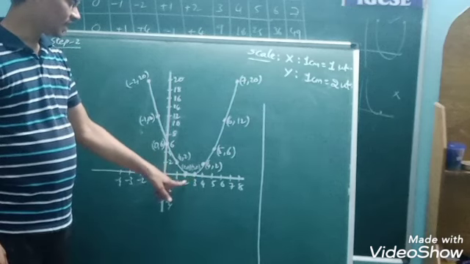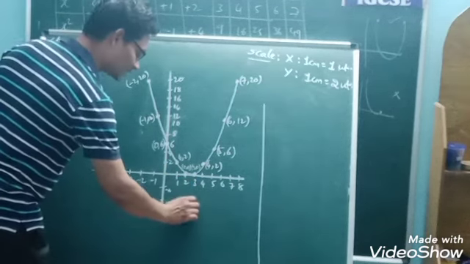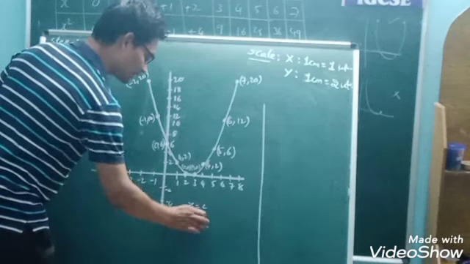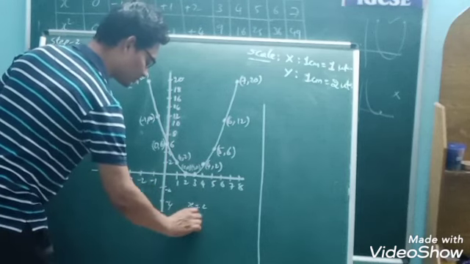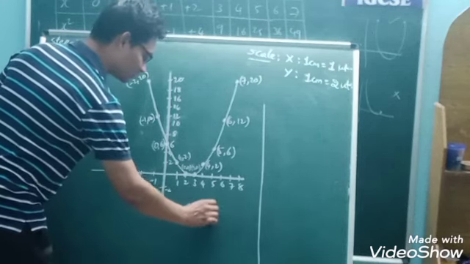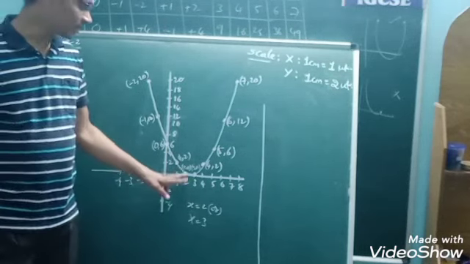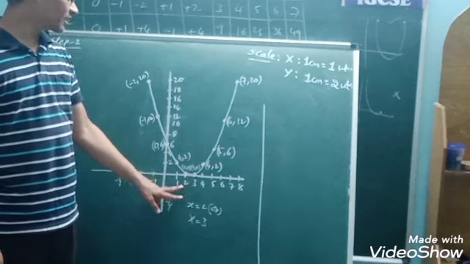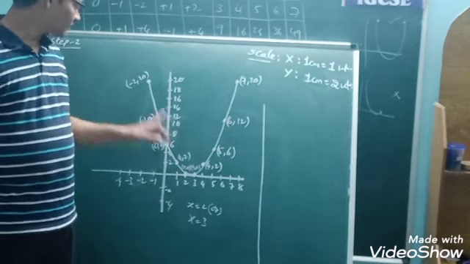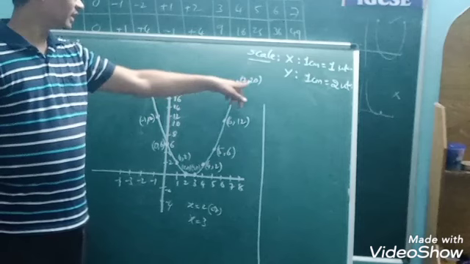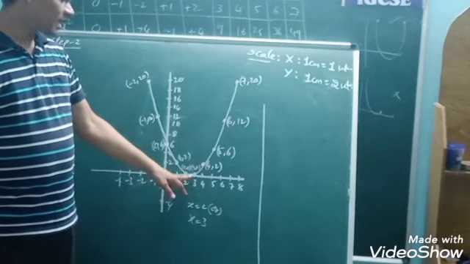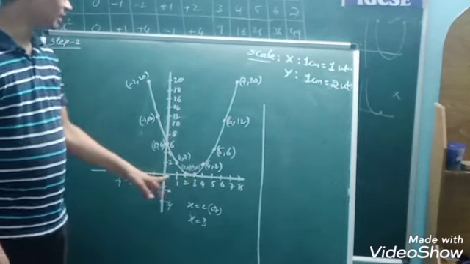So those are considered as the solutions: x is equal to 2 or x is equal to 3. So there are two solutions. We call them roots or solutions. The extreme points are minus 2, 20 and 7, 20, and we may have to find the vertex also here.